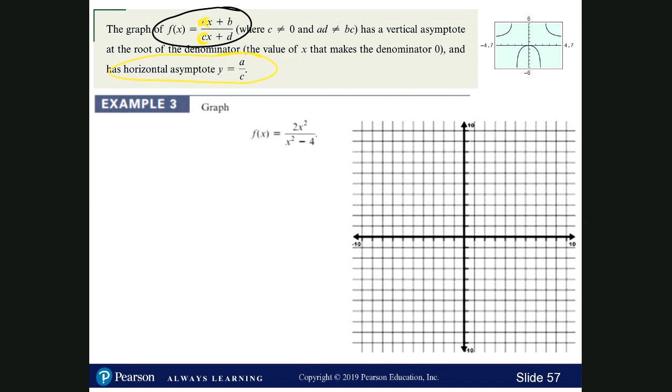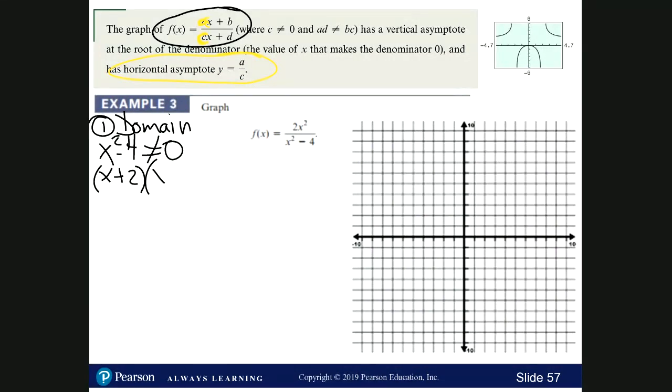We're going to start by identifying the domain, because that's going to help us to find our vertical asymptotes. So we take the denominator x squared minus 4, and create an inequality that says it cannot equal 0. And here we could solve it by factoring. This is a difference of squares, so it will be the product of x plus 2 and x minus 2.